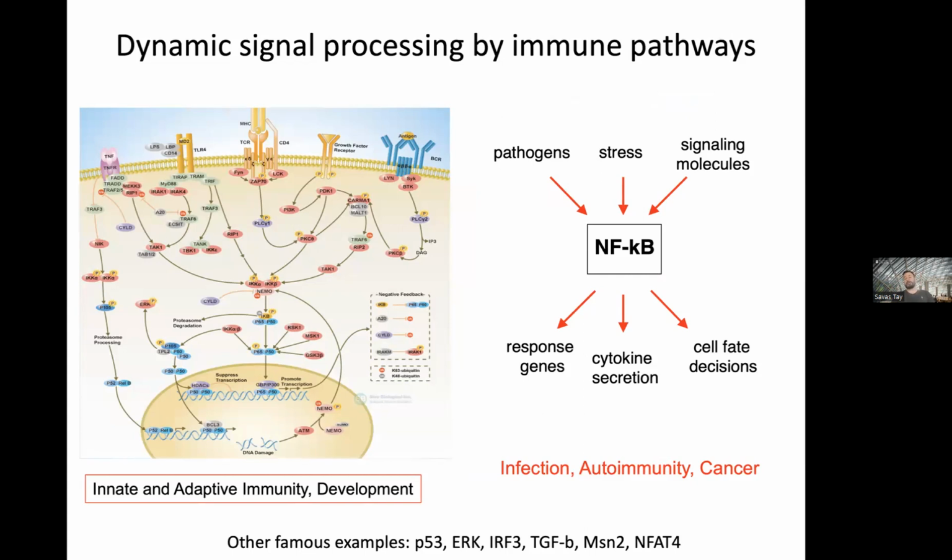Because of all these reasons, the NF-kappa B pathway has been the topic of a lot of computational analysis. From these diagrams, we can write down equations, starting from maybe differential equations describing the chemical reactions that are seen here, and then solve these equations using a computer to predict what would happen with these perturbations in this entire system, right?